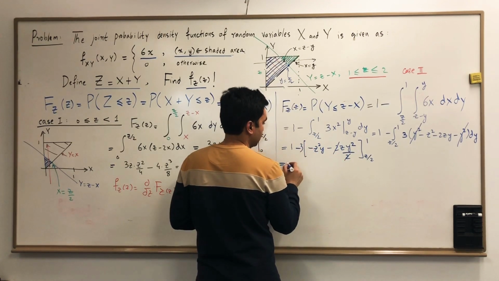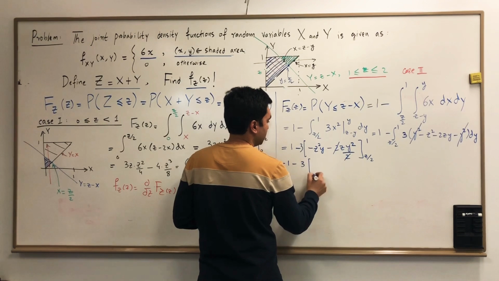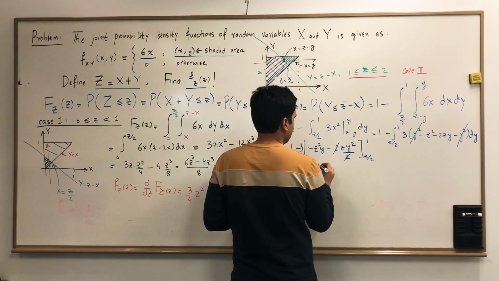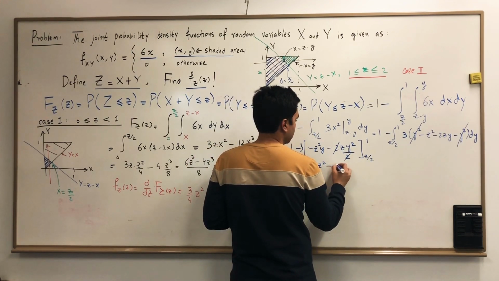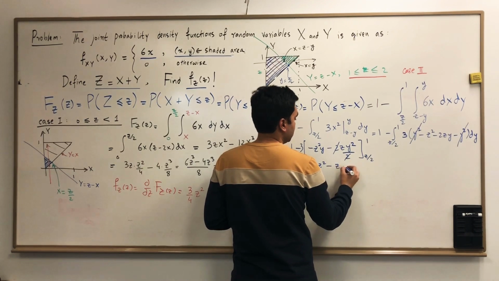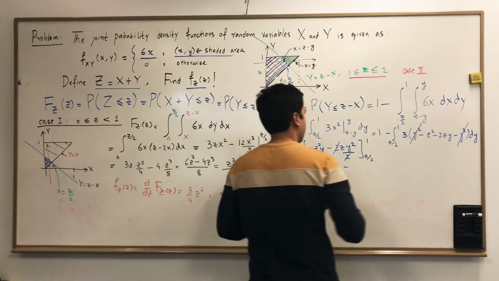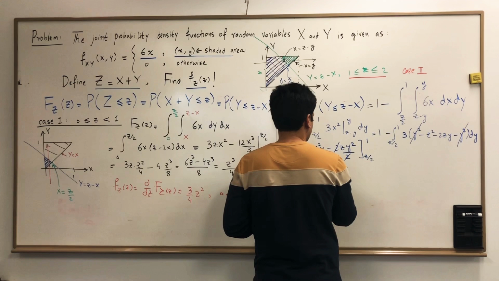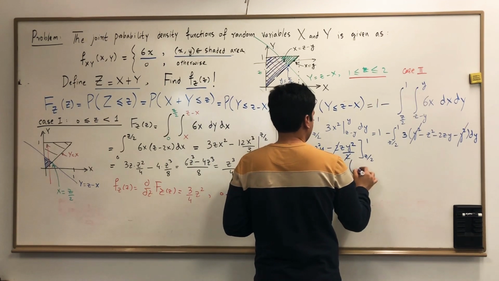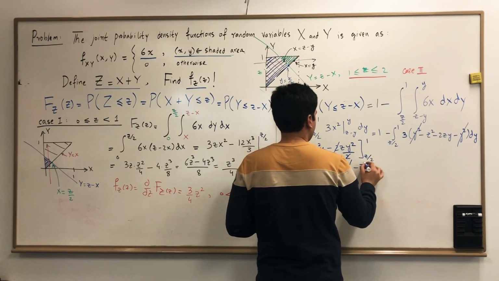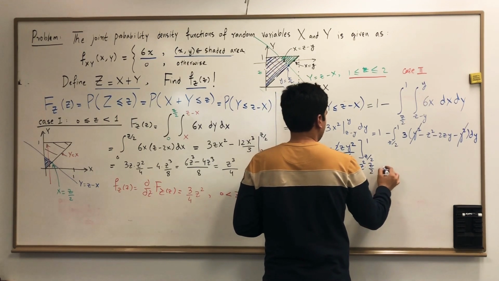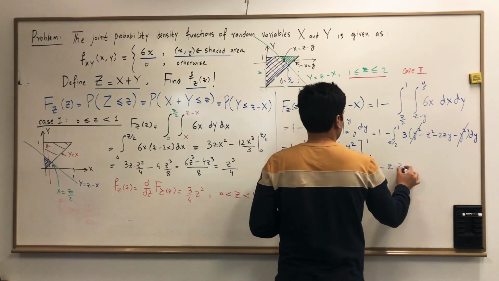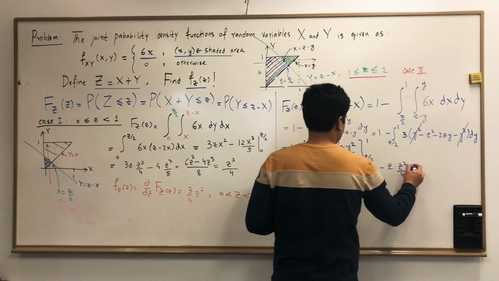So this turns out to be 1 minus 3 times minus z squared minus z, minus z squared times z over 2 minus z times z squared over 4.